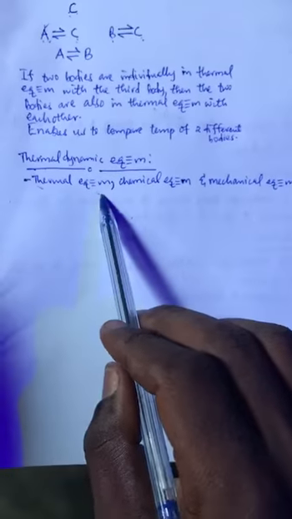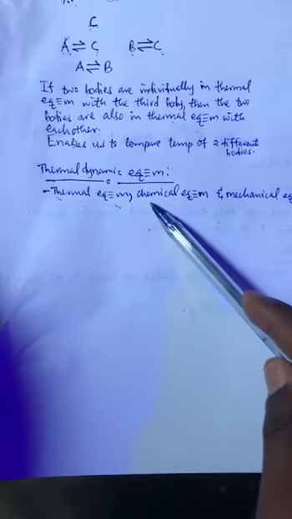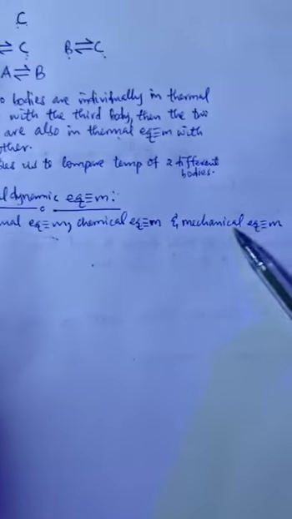When you're defining thermodynamic equilibrium, you must say that a system is in thermodynamic equilibrium if it is in thermal equilibrium, where the rate of heat transfer to and from the system is the same. Then chemical equilibrium, where you're looking at the particles in motion, their kinetic energy, potential energy, the microscopic part. And mechanical equilibrium, where you are looking at the forces acting on the system, which must be balanced.